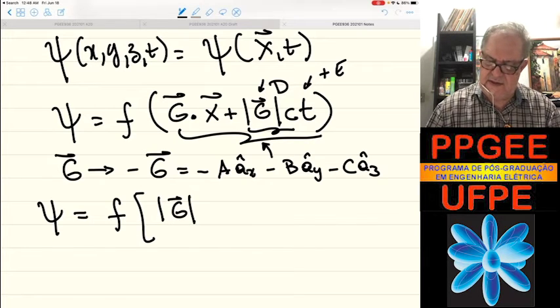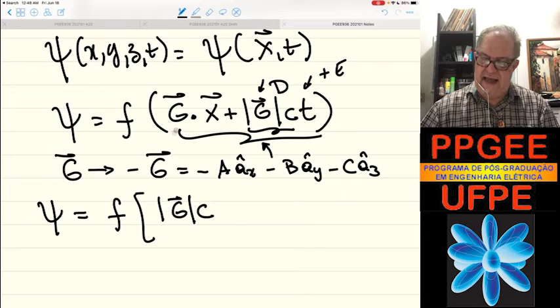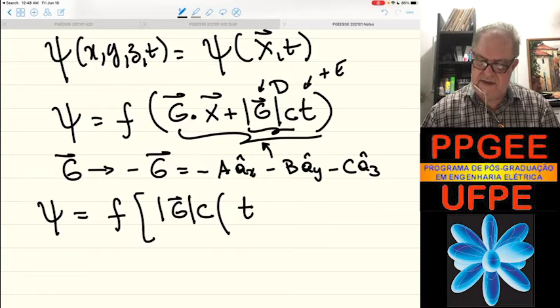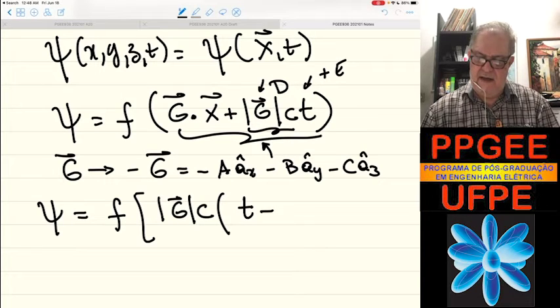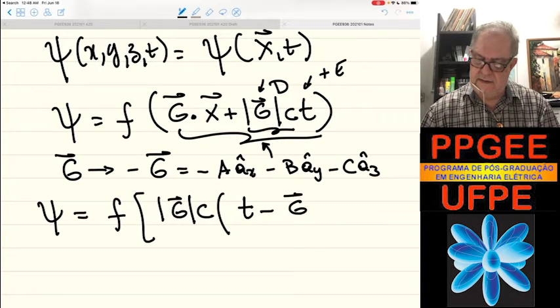Still going to use this thing here. So when I do that, I'm just going to make g into minus g. So it's going to be t minus gx over c.